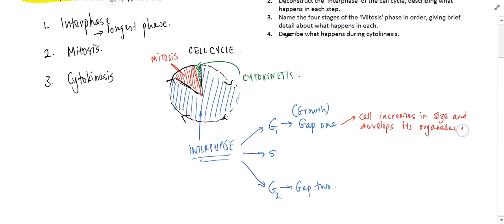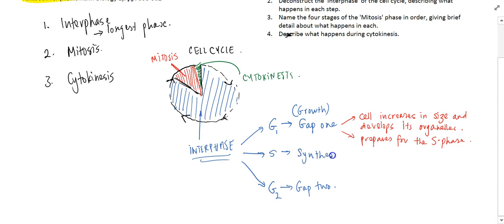So it replicates its organelles and so on. But it prepares for the next phase. So it prepares for the S phase. So we kind of need to know what happens in the S phase. Now the S phase is known as the synthesis phase.